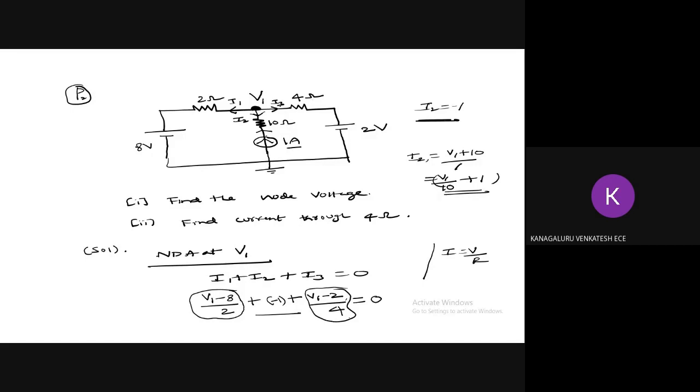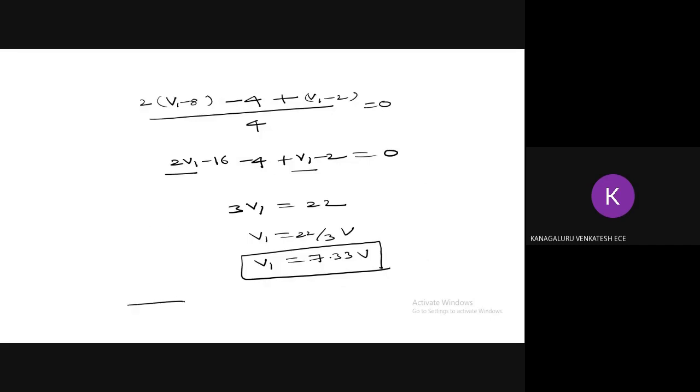Current flowing through 4 ohm is what, sir? I3. What do you write here? I3 in terms of V1 is V1 minus 2 divided by 4. Therefore, your current flowing through the 4 ohm resistor is nothing but V1 minus 2 divided by 4. So it is going to be 5.33 divided by 4. What is the result?